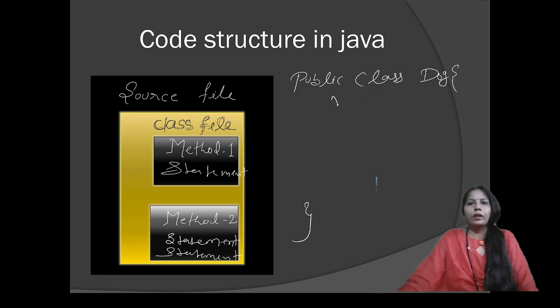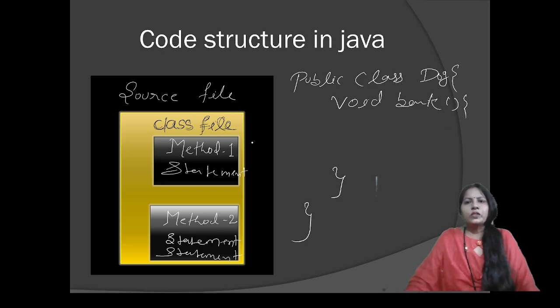Now you may declare a method here, like void bark. This is the method which must be declared inside your class. Within the curly brackets you will declare the method like void bark. We can also say that it is the function of this class.